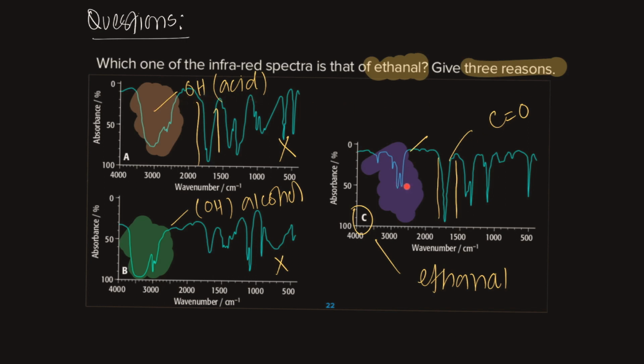Graph B has the same peak, characteristic of an alcohol. And over here, it doesn't have that peak, but it does have my carbon-oxygen double bond peak. So very likely amongst the 3, this is my ethanal. Those are 3 points.